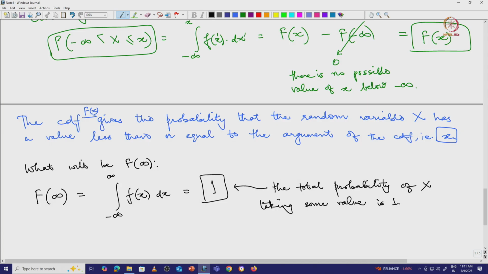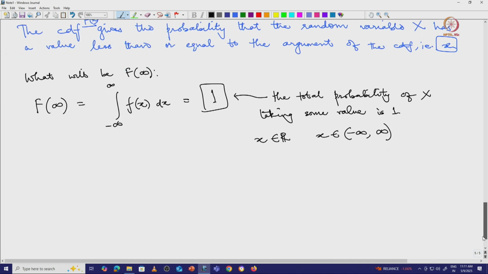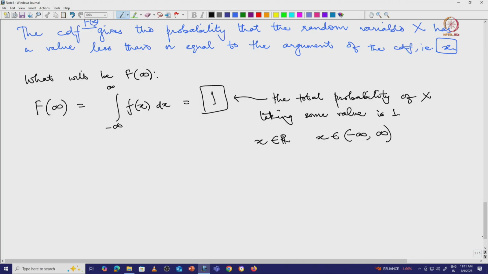We are assuming that the values that x can take are only between minus infinity and infinity, so x belongs to the set of real numbers. Obviously, if you integrate the PDF from minus infinity to infinity, or you write the CDF at infinity, that should be equal to 1.